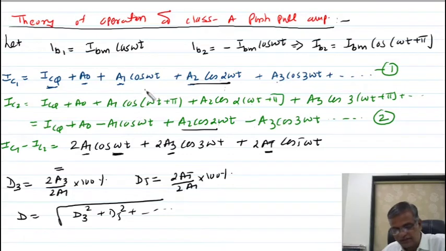Due to cancellation of this harmonic distortion, whatever ripple present in a power supply after VCC is also removed. In this way, you can discuss your class A push-pull amplifier. Let us do the two numericals.